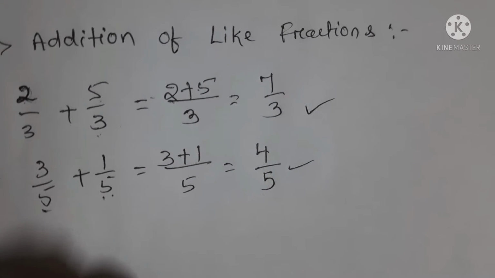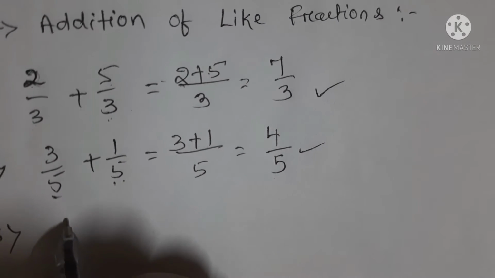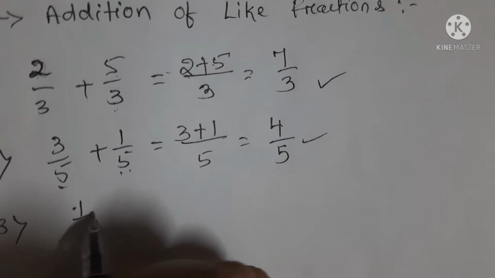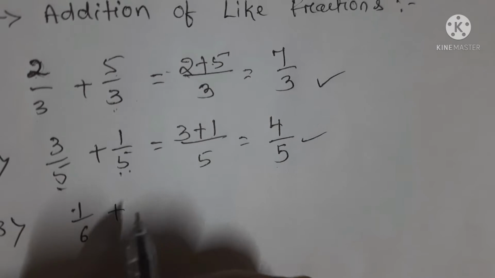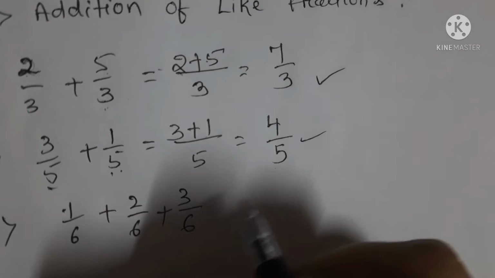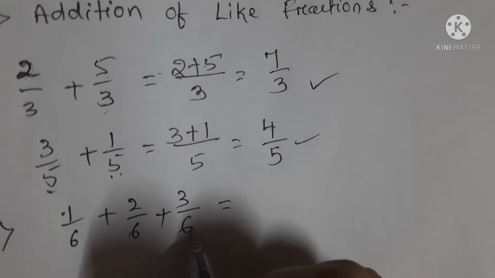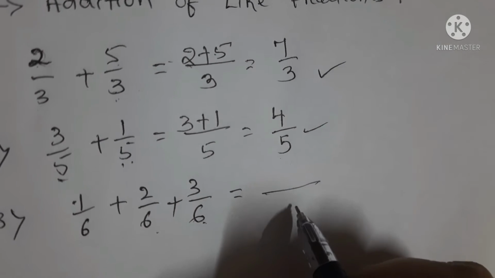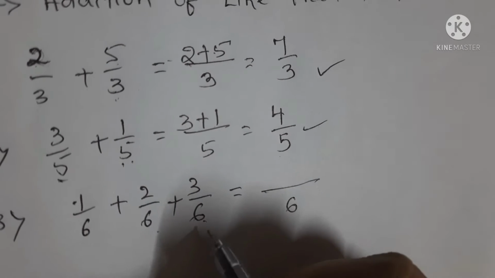Now here is another example, if we take 3 fractions like 1 by 6, 2 by 6, 3 by 6. Here also the denominator is the same, so we will write the same number.